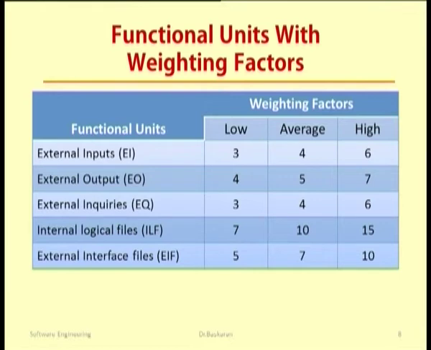These are the functional units we are going to consider, with the corresponding weighting factor if it is low, average or high. For external input, when the weighting factor is low, it is assigned the value 3. If it is average, it is assigned the value 4. Likewise, if it is high, it is given a 6. These are iterative values which we have got after repeated iterations with different application based projects.